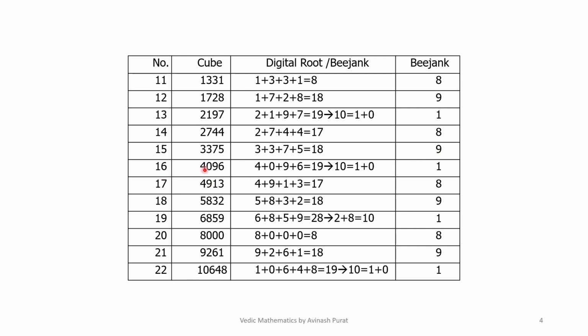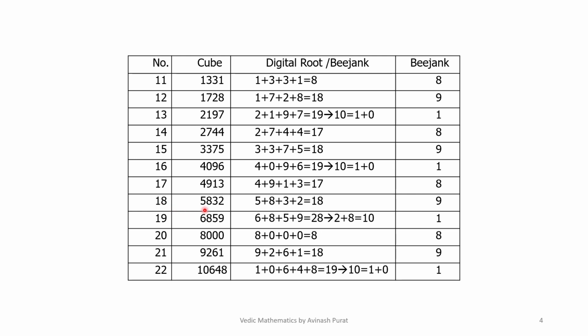Number 16, cube is 4096, digital root or Beejank is 4 plus 0 plus 9 plus 6 equal to 19, that is 1 plus 9, 10, equal to 1 plus 0, so Beejank is 1. Number 17, cube is 4913, digital root or Beejank is 4 plus 9 plus 1 plus 3 equal to 17, Beejank is 8.